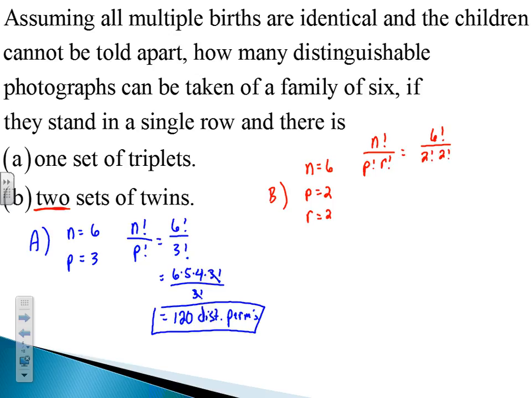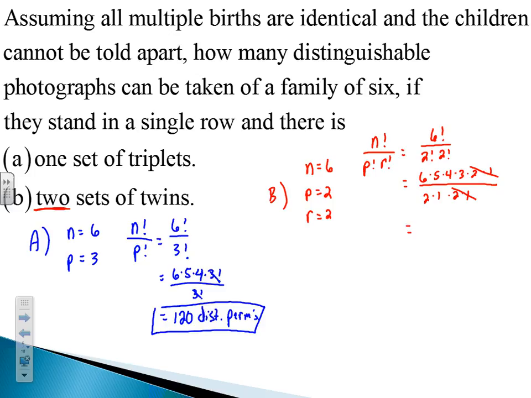Expanding everything out, you could say 6 times 5 times 4 times 3 times 2. At this point, you can stop and say 2 factorial, but I'll say times 1 because it's no big deal. And in the denominator, we can say 2 times 1 times 2 times 1 for the 2 factorials. Since I have a 1 in the top and a 1 in the bottom, they are ultimately going to simplify out.